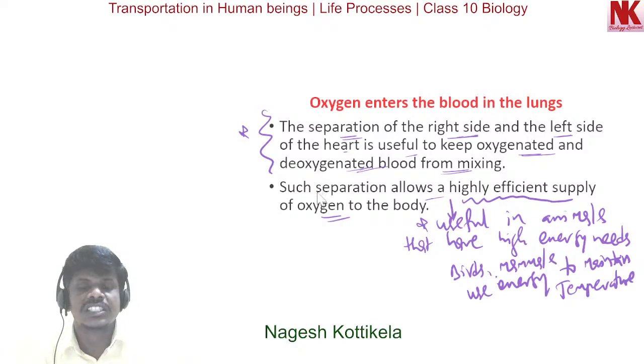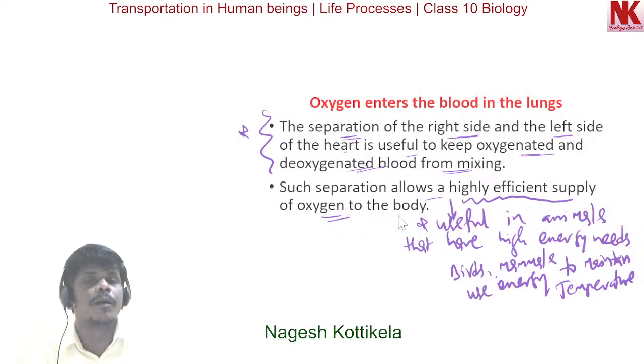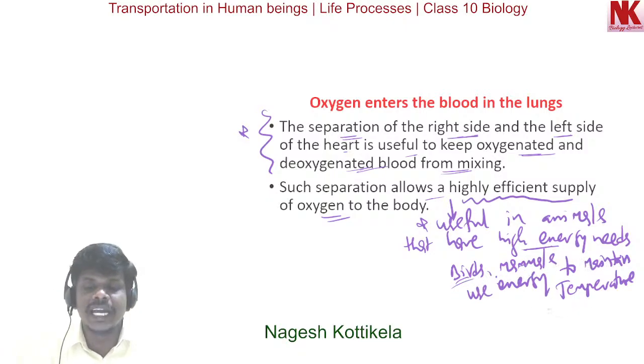Such separation of left side and right side chambers in the heart is very useful to keep oxygenated and deoxygenated blood from mixing, and such separation allows a highly efficient supply of oxygen to the body. This is very useful in animals that have high energy needs, like birds and mammals. They use this energy to maintain body temperature.